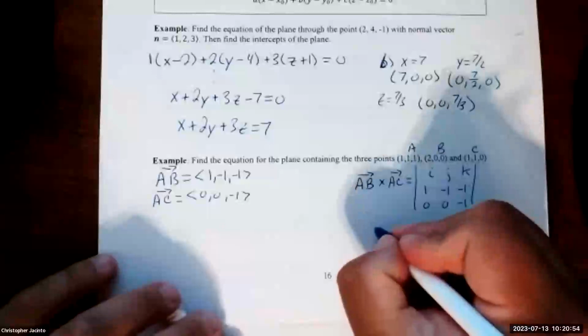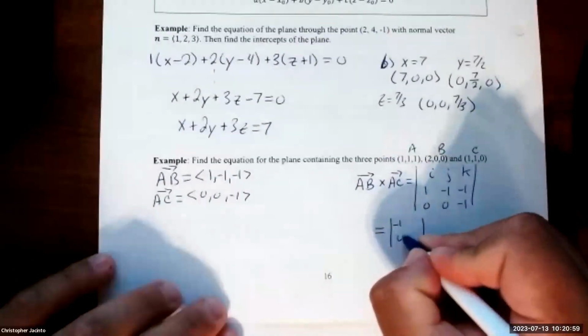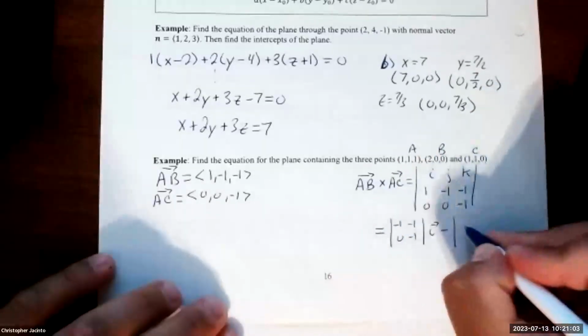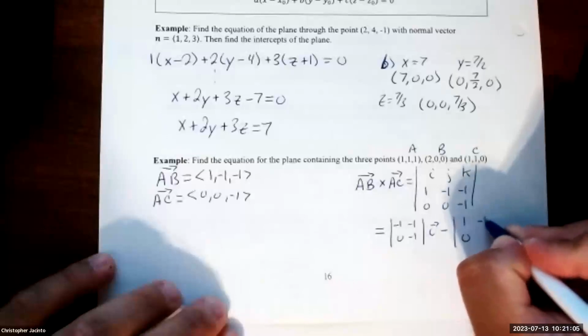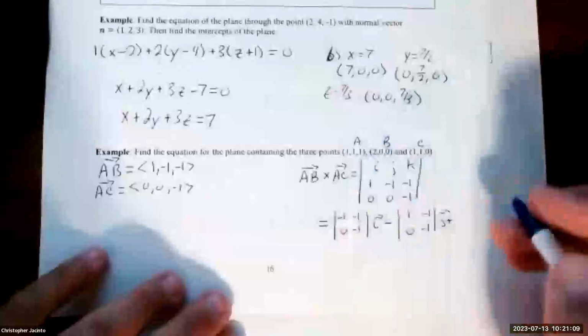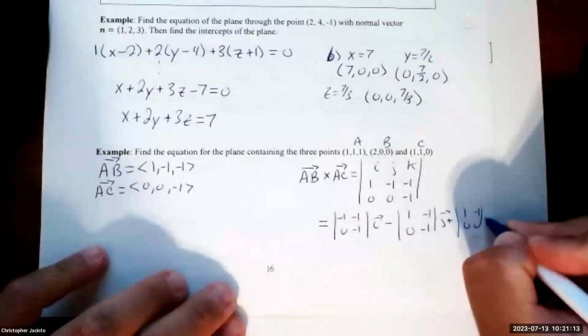So this ends up being (-1·-1 - 0·-1) i, then (1·-1 - 0·-1) j, and then lastly (1·0 - -1·0) k.